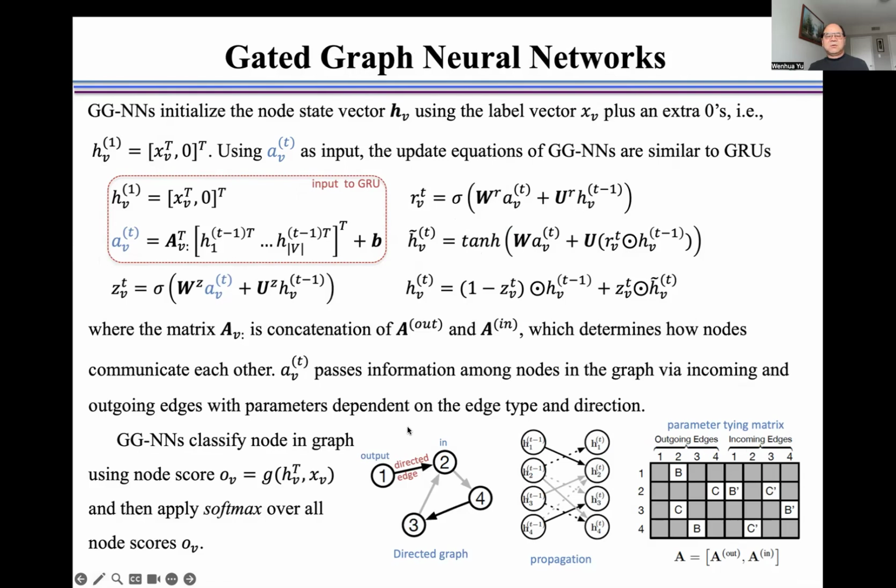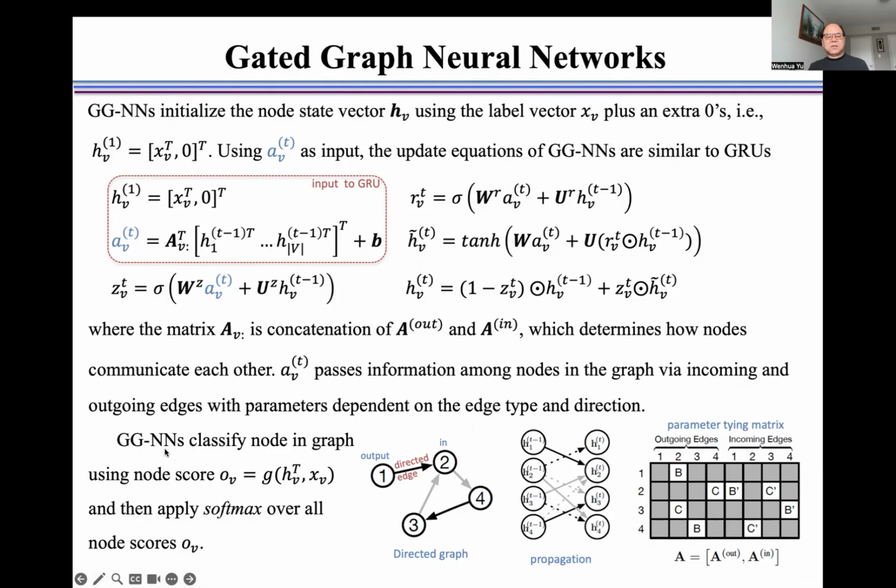In this directed graph, for this directed edge, node 1 is the outgoing node and node 2 is the incoming node, which determines how nodes communicate with each other. AV passes information among nodes in the graph via incoming and outgoing edges with parameters dependent on the edge type and direction.